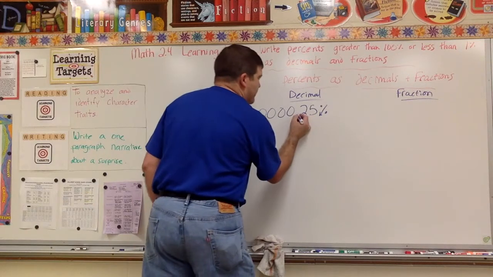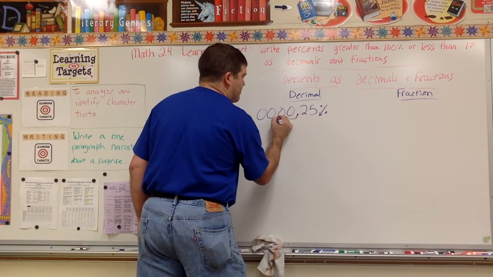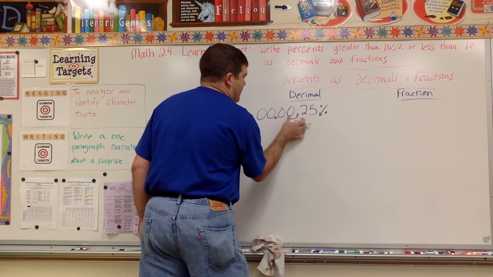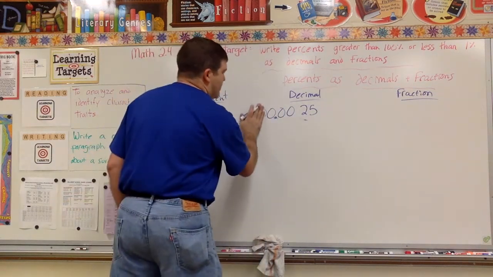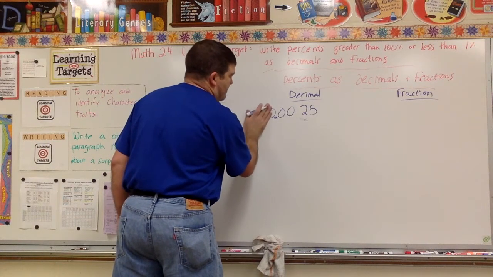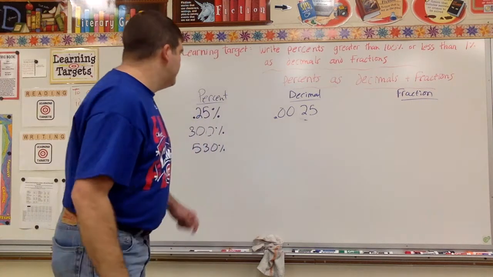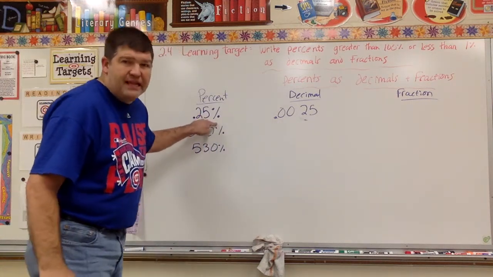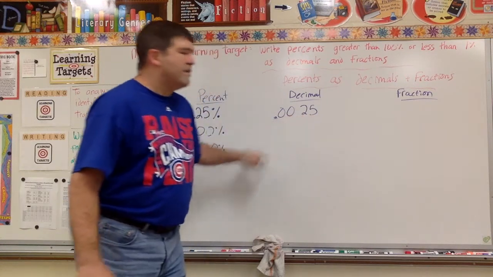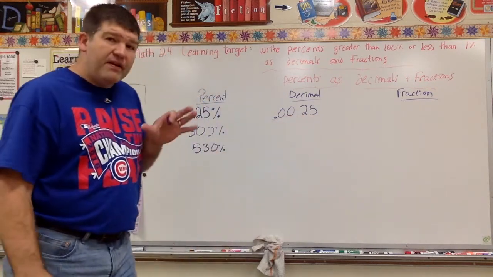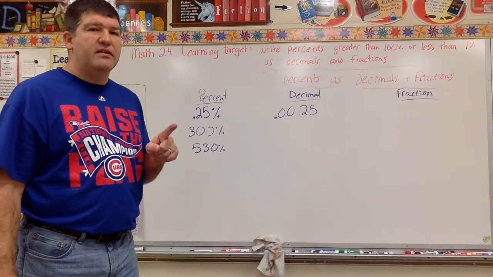So I start from where the decimal point is, and I go this way, 1, 2. Okay, then I get rid of that, and then I get rid of that. Okay, don't actually need this one. My decimal, 0.25% is 0.0025.